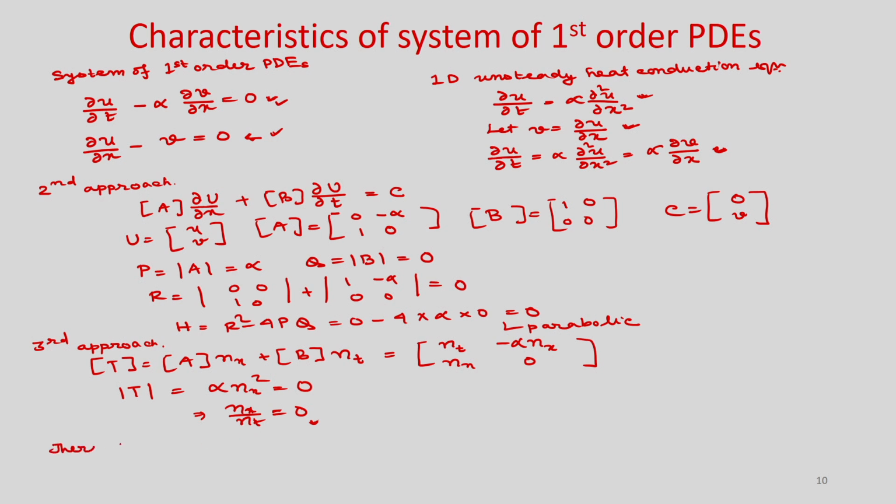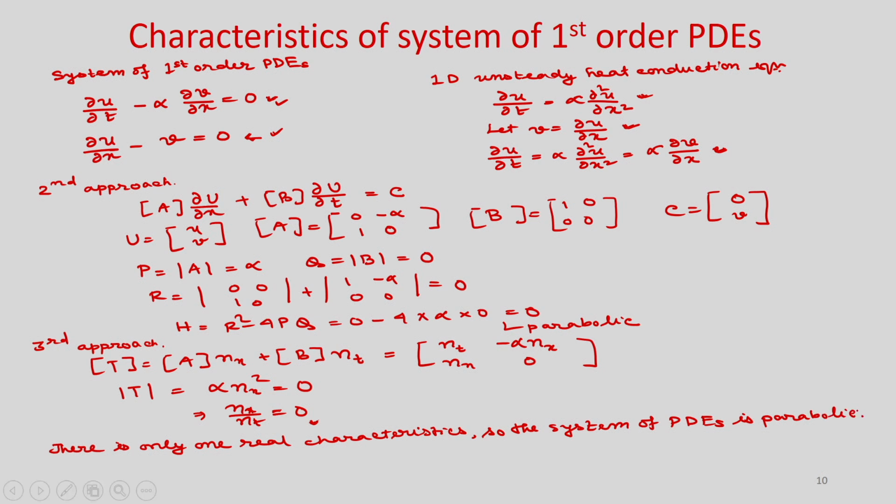So, there is only one real characteristic, so the system of PDEs is parabolic. Also, you can see that the one dimensional unsteady heat conduction equation is a second order PDE, and we have shown in the last class that it is also parabolic in nature.